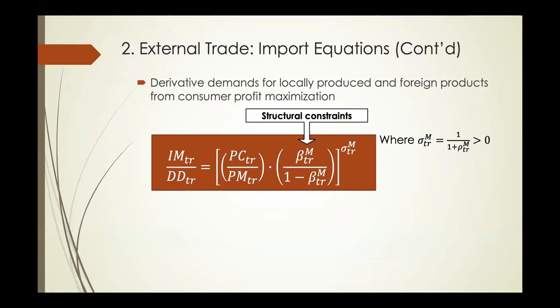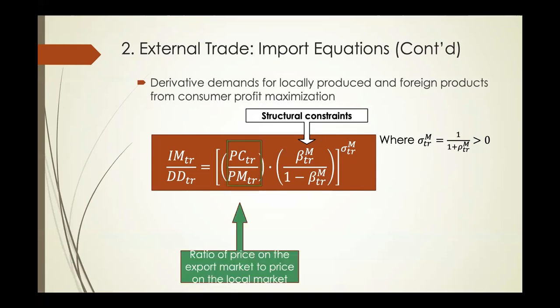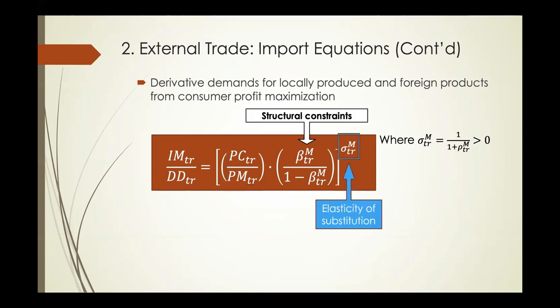Those shares are structural constraints in the equation here. The second element is the relative prices: the price paid for the foreign product relative to the price paid for the locally produced products. The third element is the elasticity of substitution, which measures the sensitivity of the ratio of demands to the ratio of prices.